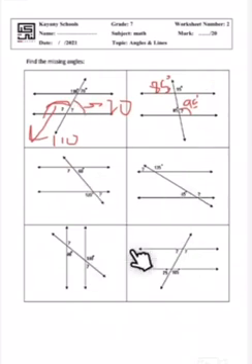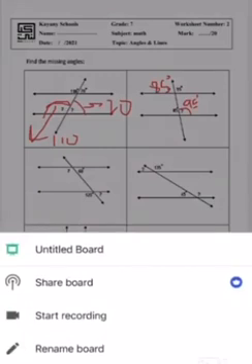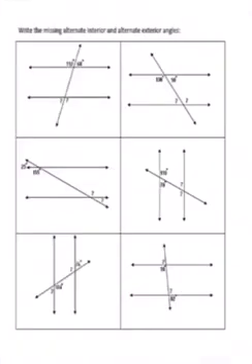Here we have a similar idea. You can use the corresponding angles or alternate angles. Now, in this worksheet, write the missing alternate interior and alternate exterior angles. So here we have to know the alternate interior and alternate exterior. As you can see, here we have the outer side, and we also want the angles on the outer side.